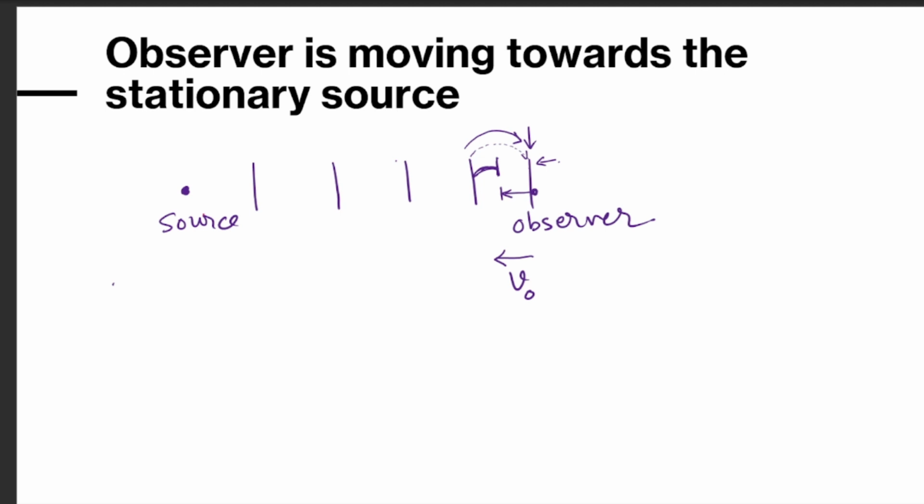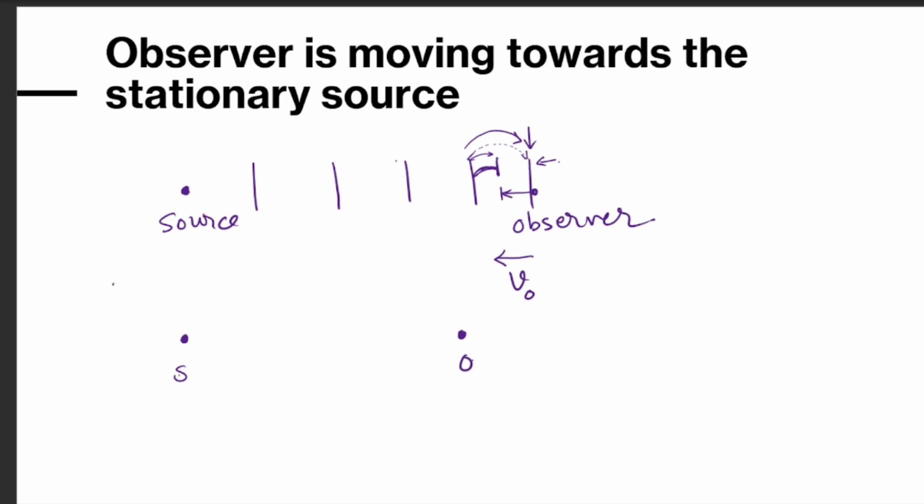Now the time taken by the pulse is small. Actually, there is no change in the timing of the pulse, but it seems to the observer that the pulse is reaching faster. So here is the situation, and I'll try to draw it from the very beginning, like source and observer, right?